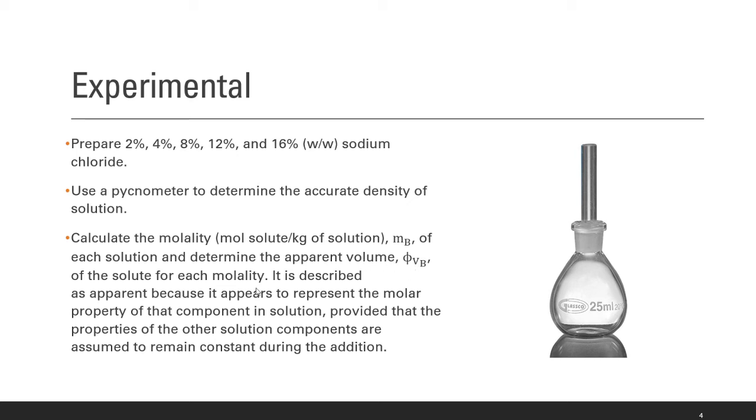Now this apparent volume is described as apparent because it appears to represent the molar property of that component in solution, provided that the other conditions remain constant.